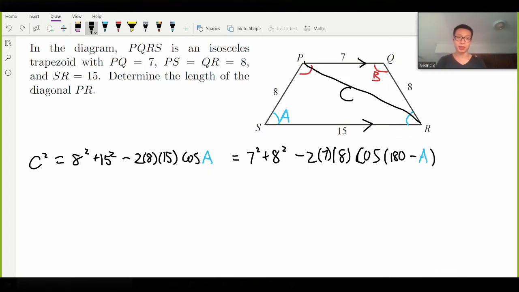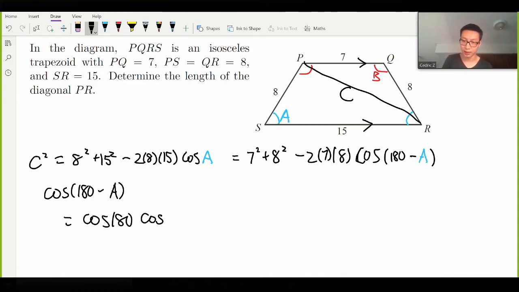So how can I get rid of the cosine of 180 minus A? Well, you can use the compound angle identity that we just talked about. Cosine of 180 minus A can be replaced with cosine 180 cosine A plus sine 180 sine A, because you have a minus back in there.